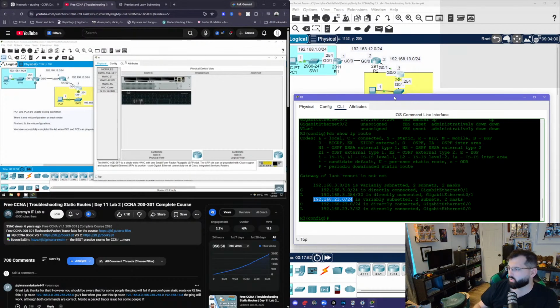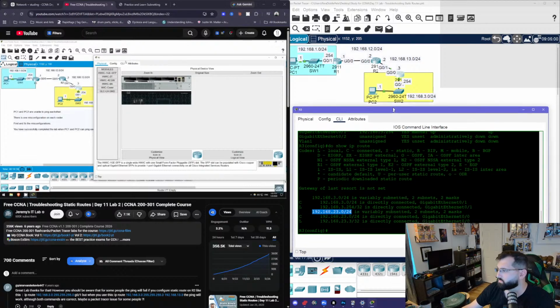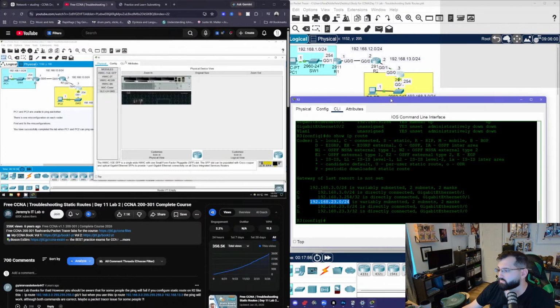I don't know where we got 23 from. It's saying that 192.168.23.0 is directly connected to 0/0. But that's not right. I think the IP address is wrong.